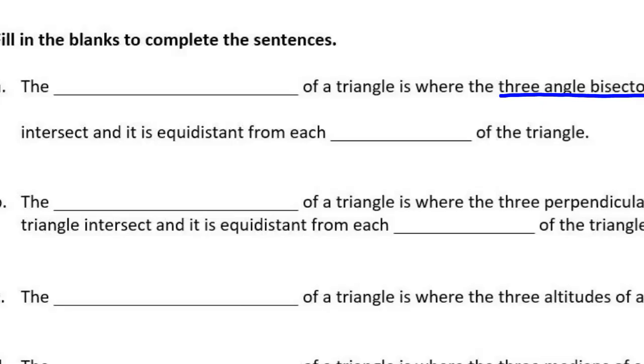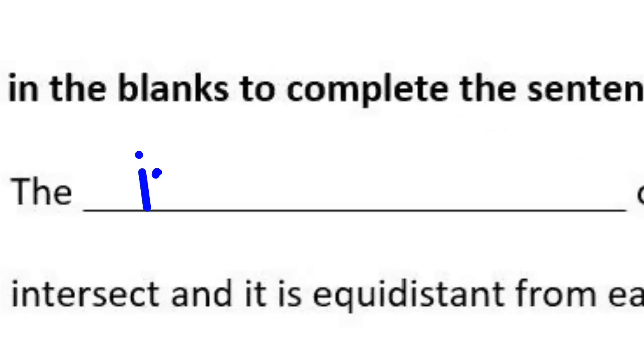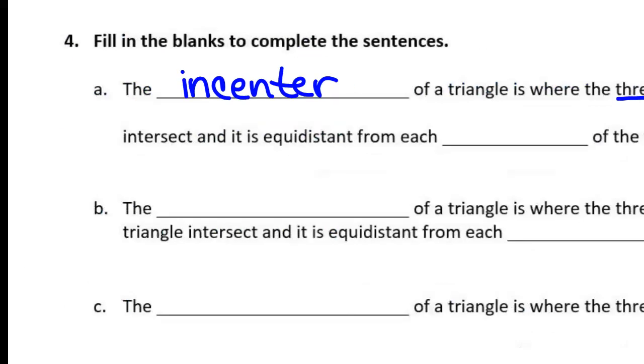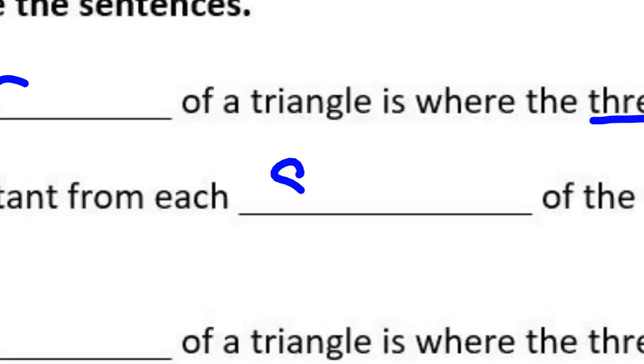What did I just say we call the point where the 3 angle bisectors touch? Not the centroid, that's where the medians intersect. Incenter, yes. This is called the incenter. It is equidistant from each side of the triangle.